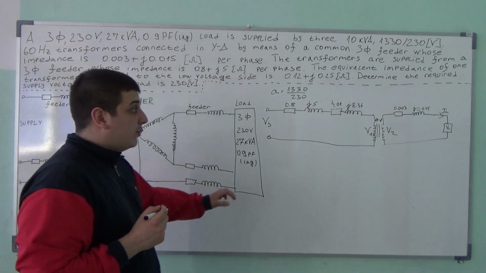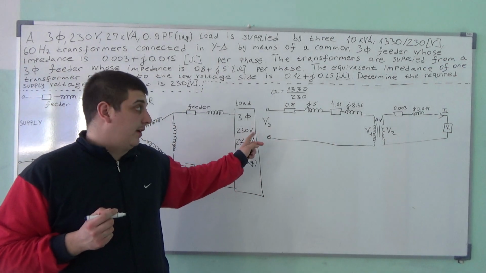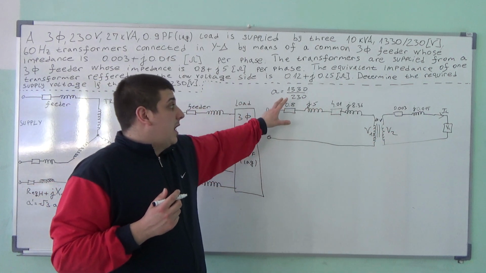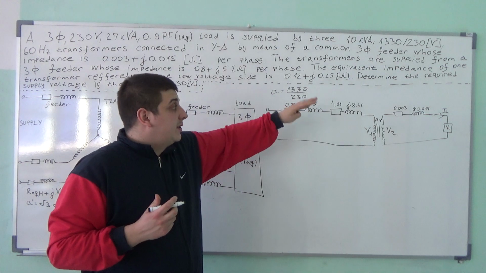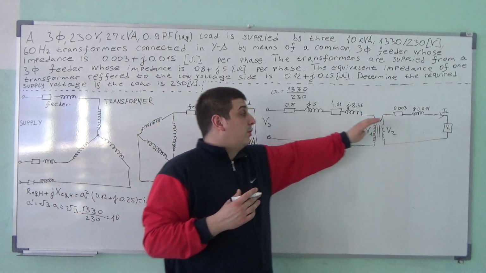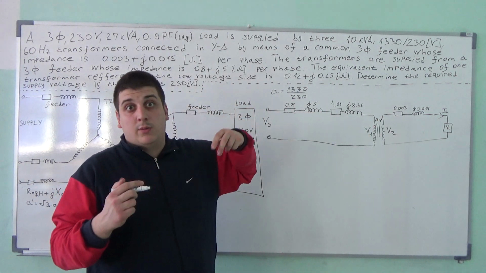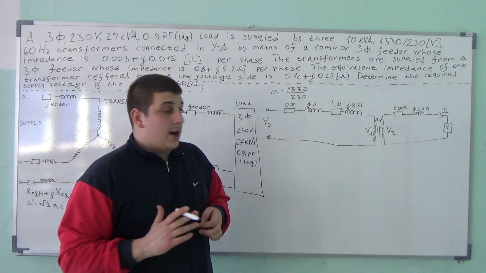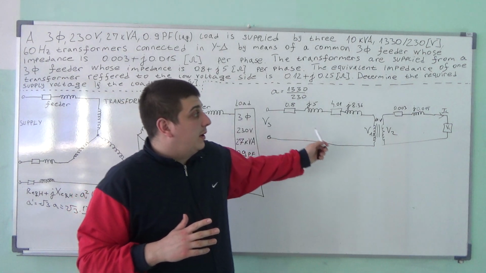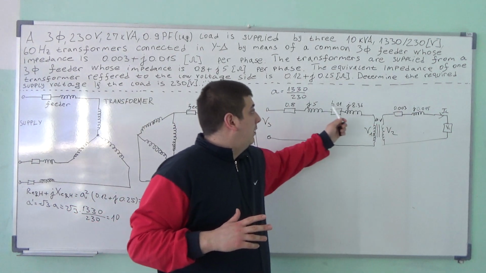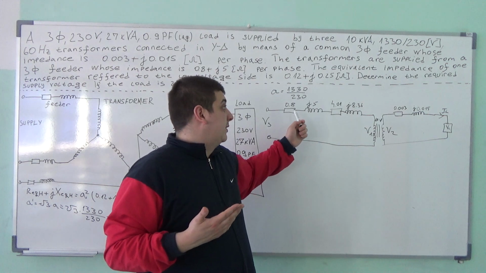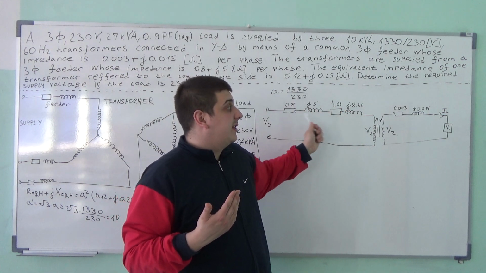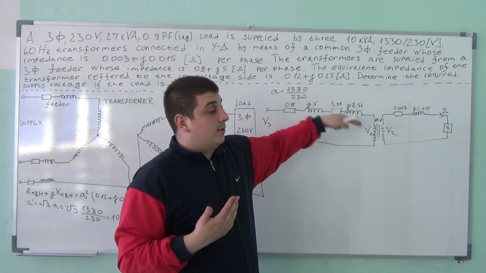Okay, now we have to calculate what the supply voltage is over here. But we have an ideal transformer, so we can refer this whole circuit to the low voltage side, as we did with single phase transformers. This is single phase transformer theory, I hope you know that. Then we're going to calculate Vs, because we now know everything, the impedances and resistances, when we refer them to the low voltage side.